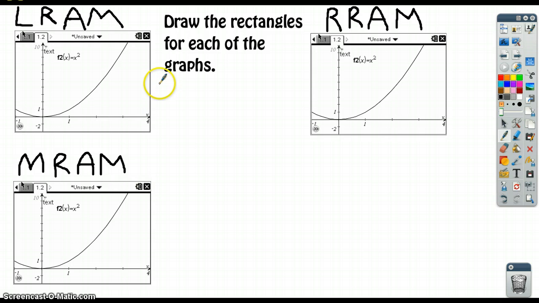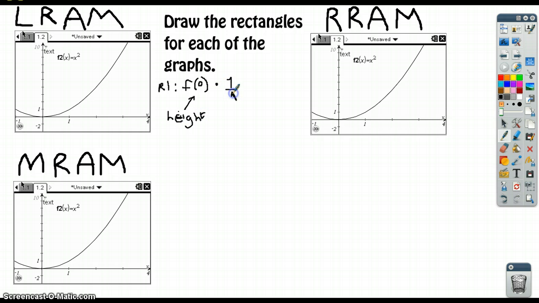So rectangle number 1, and I'll just abbreviate it, has height f of 0, because it starts at 0, and it gets multiplied by our width. So that's the height. And writing with the mouse is very tricky.